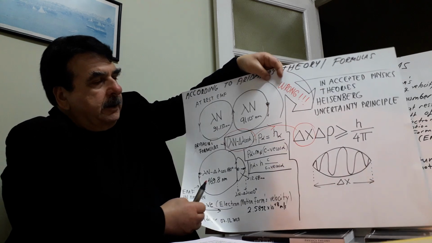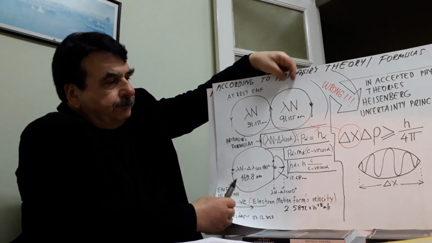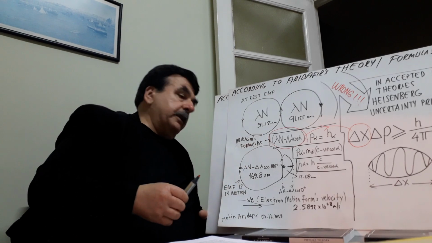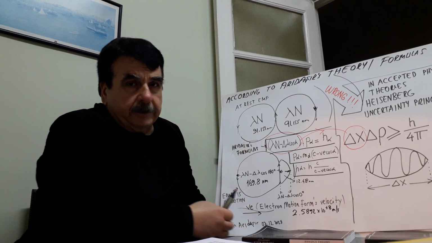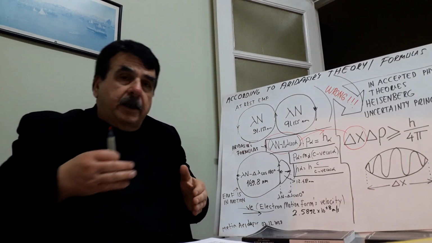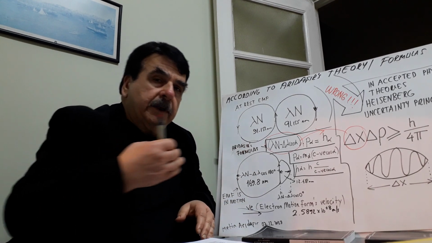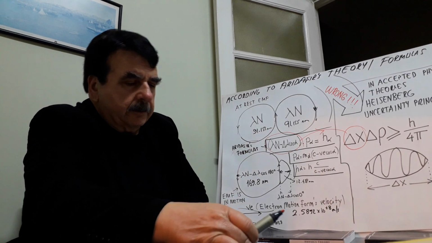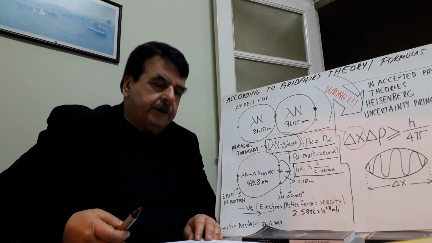I will tell you now: each point's wavelength, wave velocity, etc. will change if the electron motion form has relocating velocity.